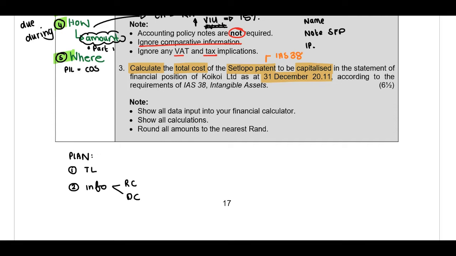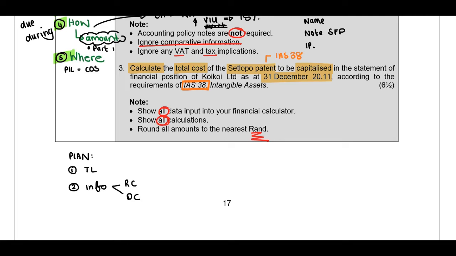According to the requirements, they indicate this to us, IAS 38 Intangible Assets. Note, show all data input into your financial calculator, show all your calculations, and round all amounts to your nearest rand. As always, please have a plan of action.